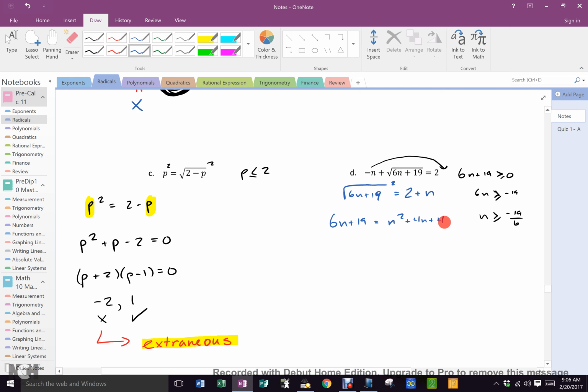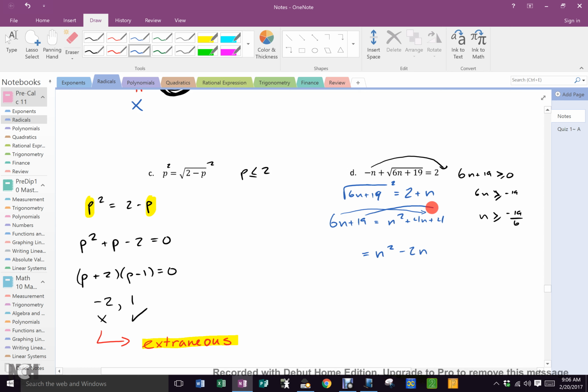Yeah? It's binomial expansion. Everyone's cool with that, right? Now what? Collect your like terms, just like you would normally. N squared. Bring this 6n over here. What happens to it when it goes over the equal sign? Negative. So it's minus 2n.